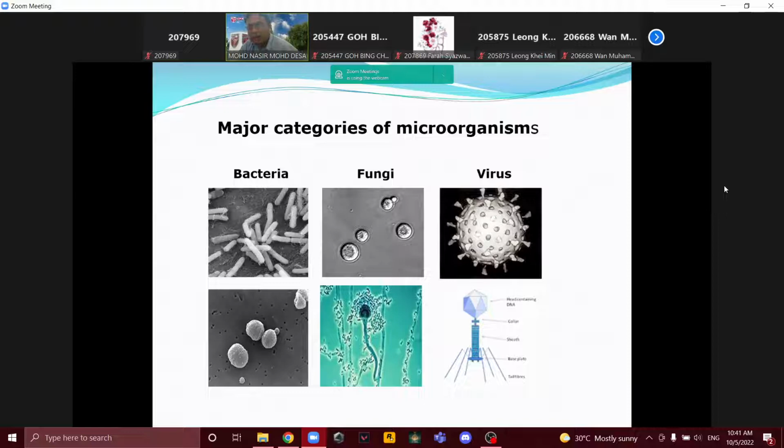There are other groups like amoeba, those that we never heard of. We don't know whether people die in Malaysia because of amoeba infections, but in other countries it happened. That will depend on how good the socioeconomics of a certain country is.